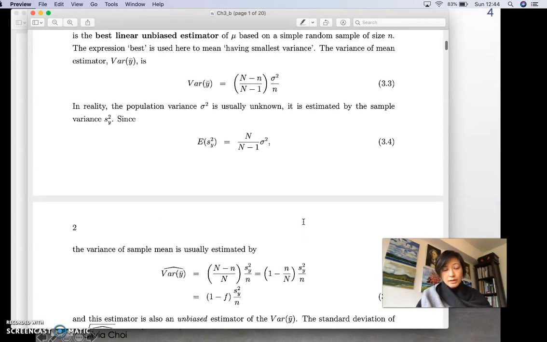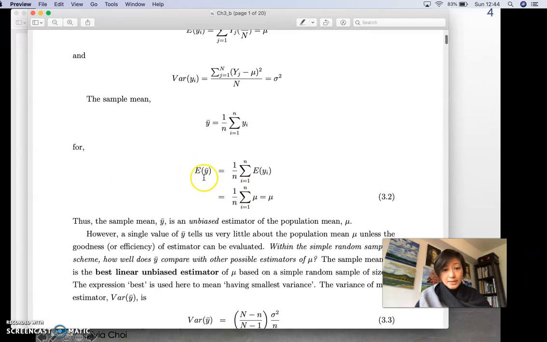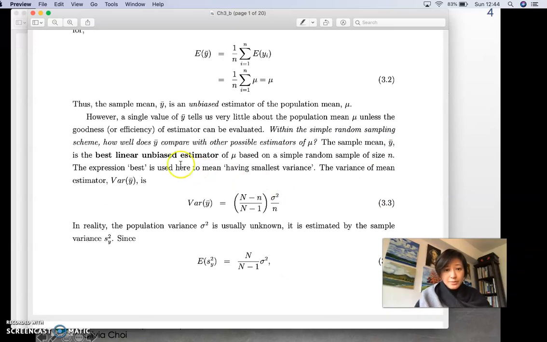In other words, the sample mean obtained from simple random sampling is an unbiased estimator for the population mean. And then we look at how well it estimates mu, so we look at its variance.